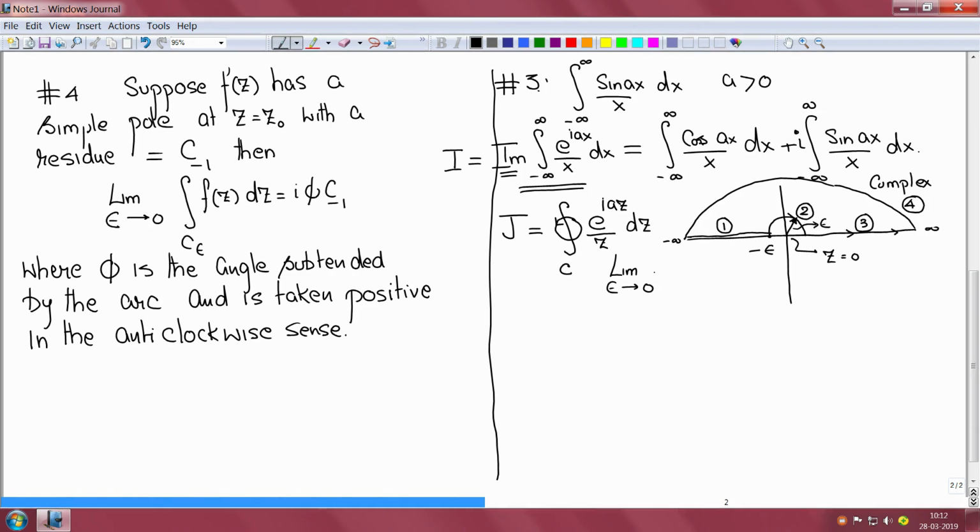There is no choice of completely avoiding the singularity, but we will evaluate what happens as we pass through it gently, and that is done by initially taking a small contour of radius epsilon along the singularity and then sending epsilon to 0 as a limiting process.